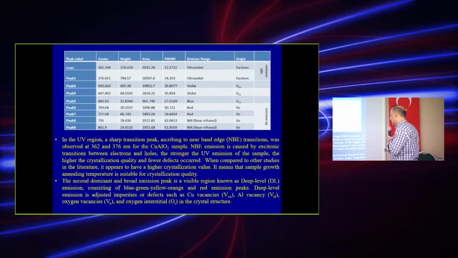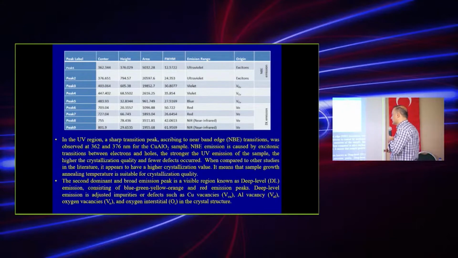In the UV region, we have a sharp transition peak ascribed to near band edge transition. We observed peaks between 362 and 376 nanometers for the copper aluminum O2 sample.